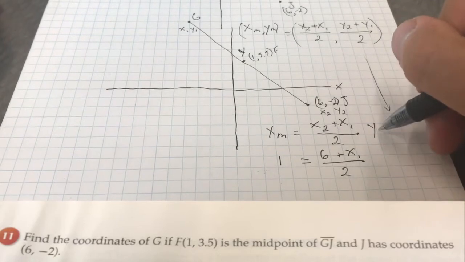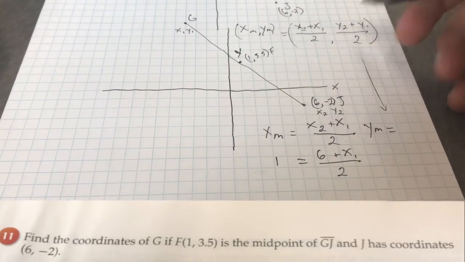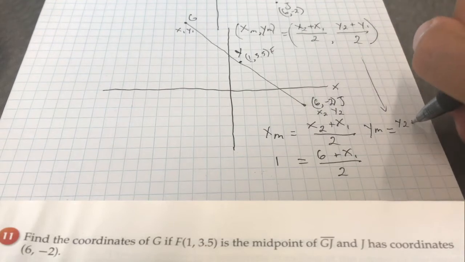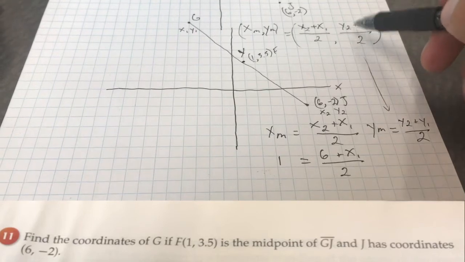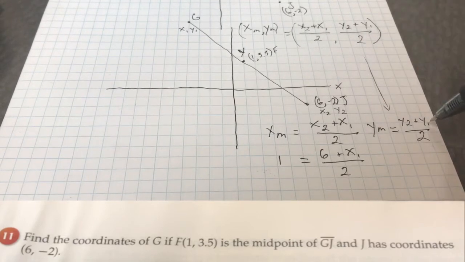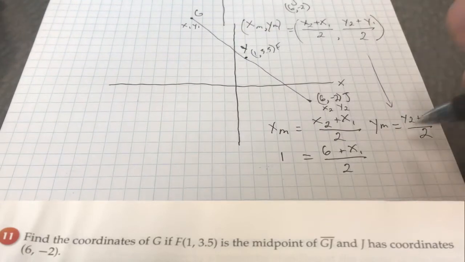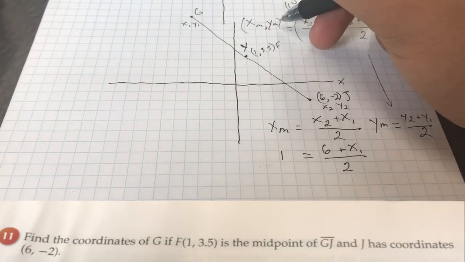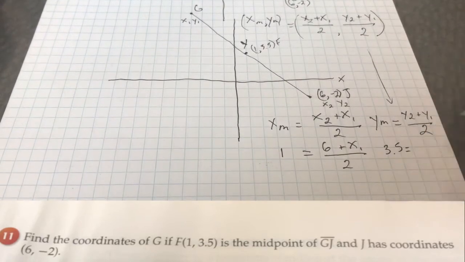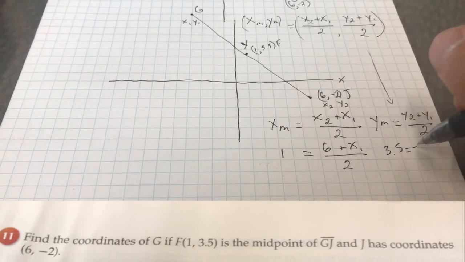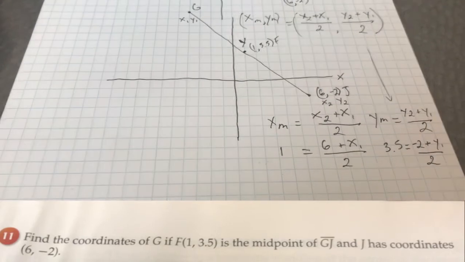So we're going to say that ym, the midpoint, is equal to y2 plus y1 over 2. Now let's look at it. Do we know either of these two values? y1? Nope. y2? Yup. And ym? Yes, we know that. So 3.5 equals y2, which is -2, plus y1, which we don't know yet, over 2.